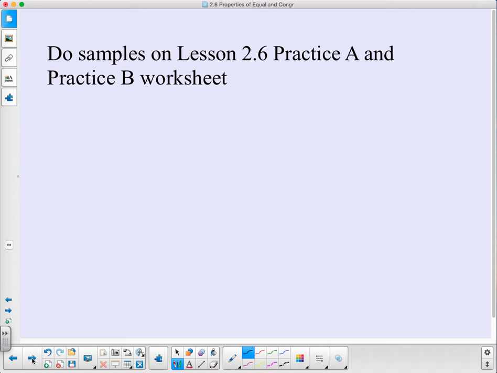Number 3, measure of angle 1 equals measure of angle 3. Number 4 should say segment KL. Number 5 should be angle 6 congruent to angle 5. And number 6 is segment AB congruent to segment EF.